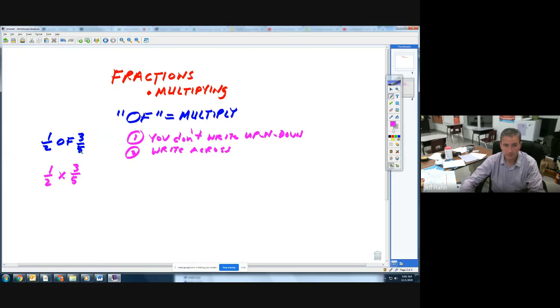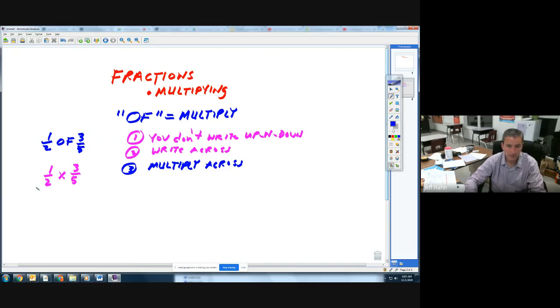And the rule for multiplying fractions, like I said, it doesn't get any easier than this. The rule for multiplying fractions is, you just simply multiply across.